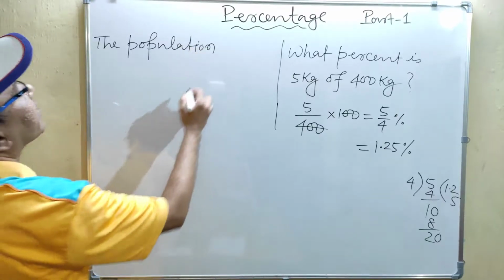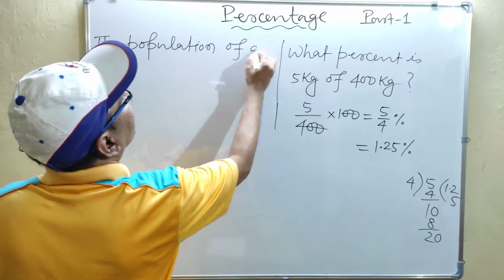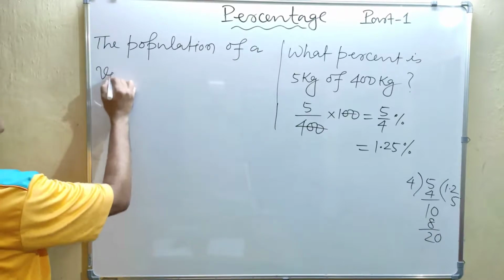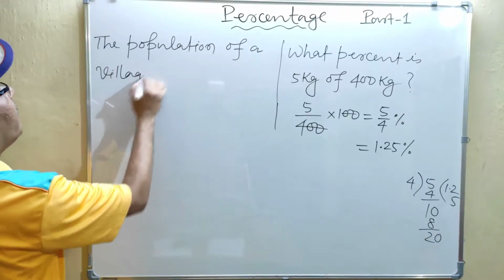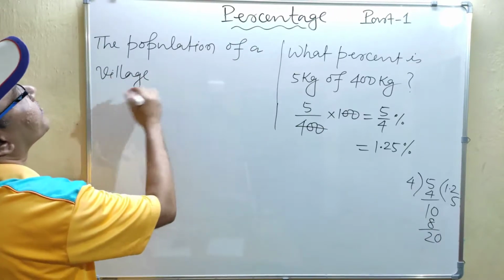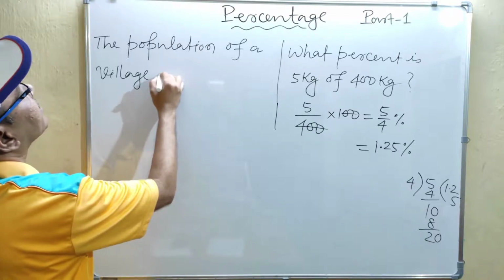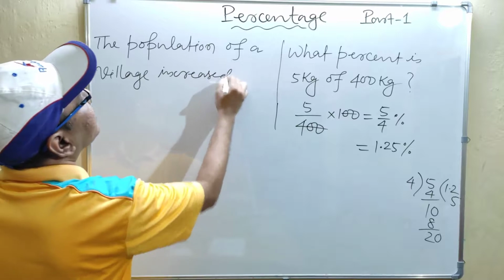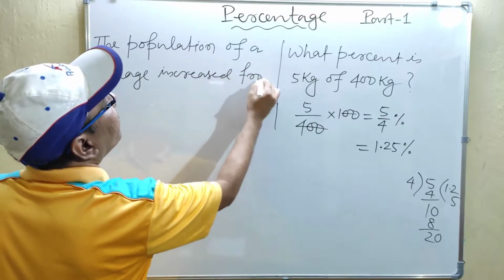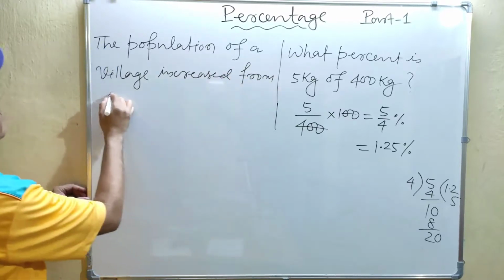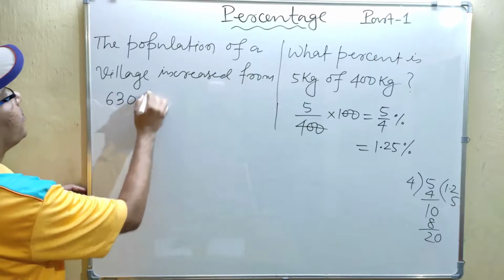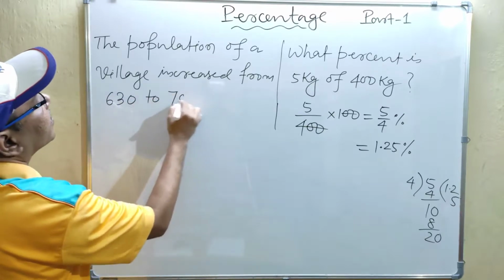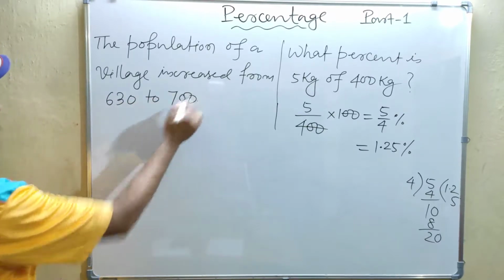The population of a village increased from 630 to 700.